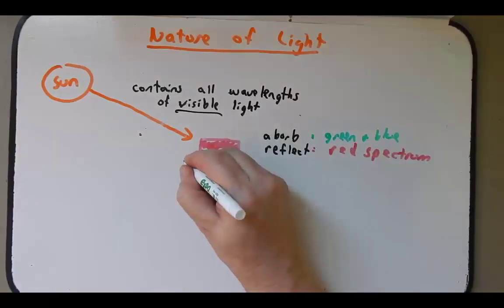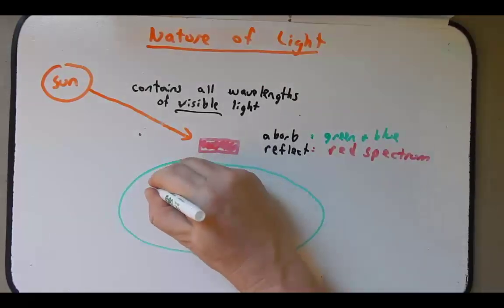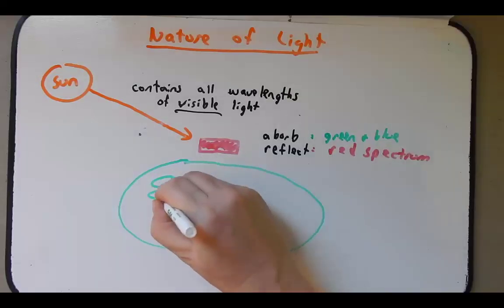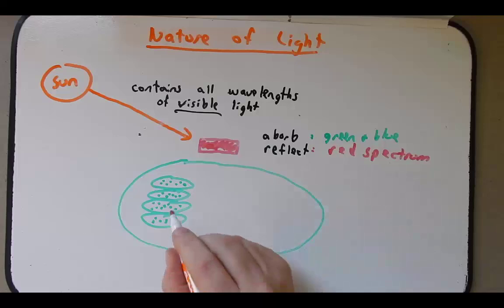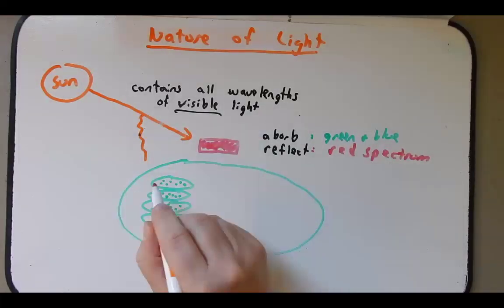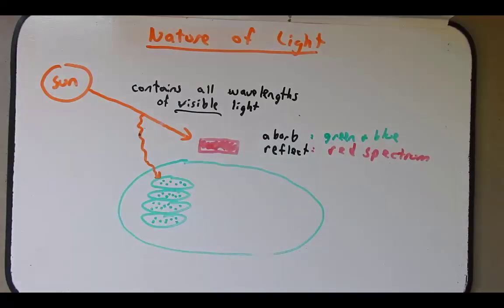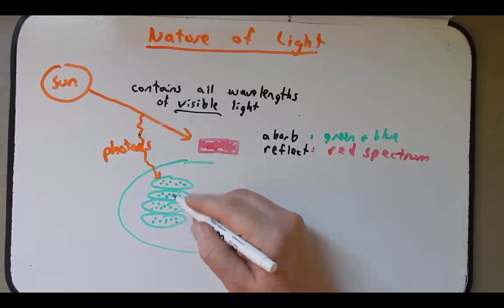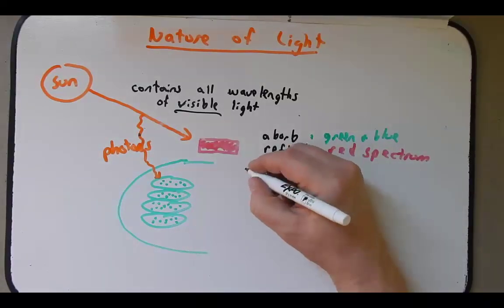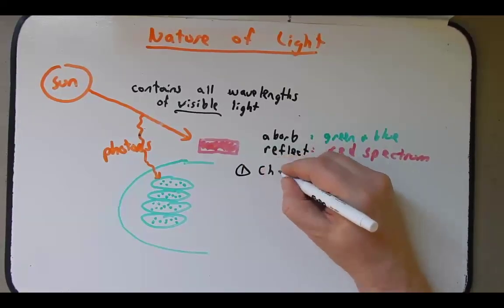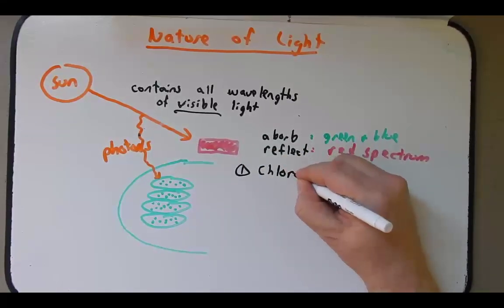Now if we think about our chloroplast here and these thylakoid membranes here, which contain the pigments, remember it is the photons from the sun that will interact with these pigments. There are many kinds of pigments that we will find within the thylakoid, but we want to talk about two. The first include chlorophylls.